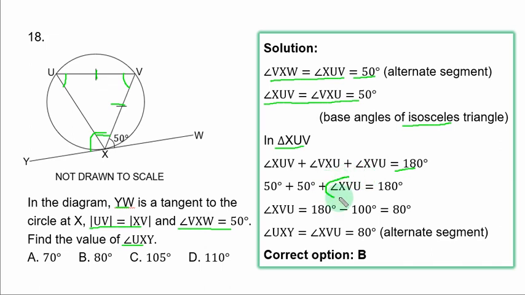So we get the third angle in that triangle. If you add these two angles, you transfer, you have 180 degrees minus 100 degrees, and that is 80 degrees. That is this angle now. This angle is 80, and this angle is equal to what you are asked to look for. So therefore, angle USY is equal to angle SVU, and is equal to 80 degrees. Alternate angles again. So B is the correct option.